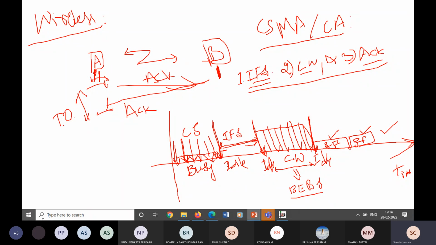Because in the earlier cases, in CSMA/CD, the main issue was this: station A is here and station D is there.